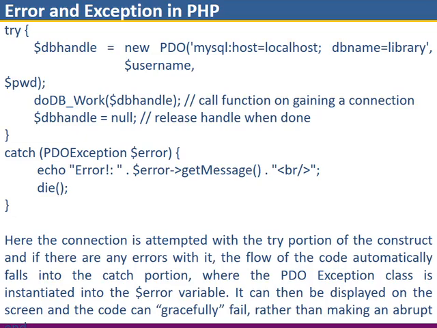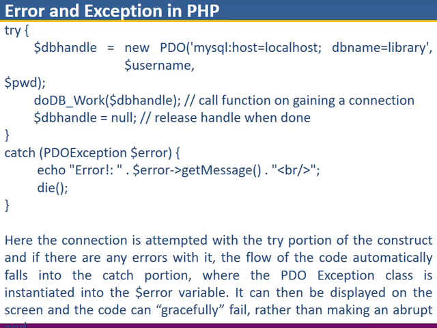We start with the try portion, and if we discover an error inside it, the flow falls into the catch portion. The PDOException class is instantiated into the $error variable, which can then be displayed on the screen.